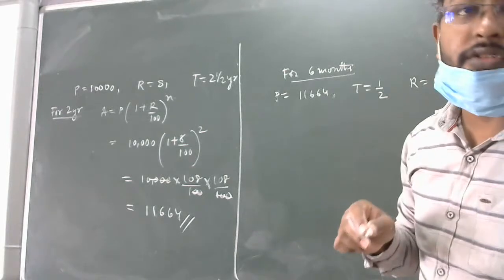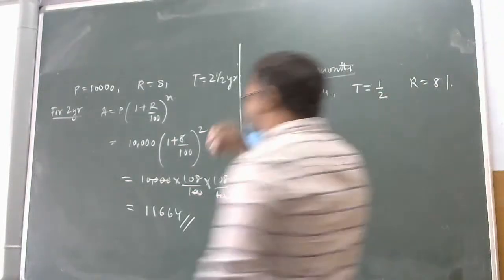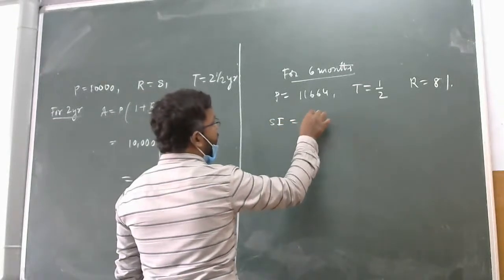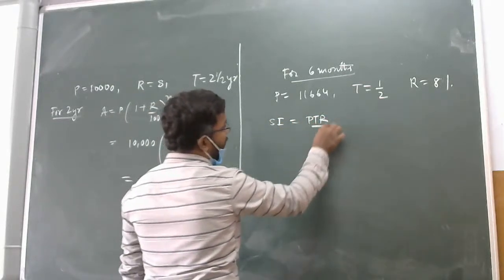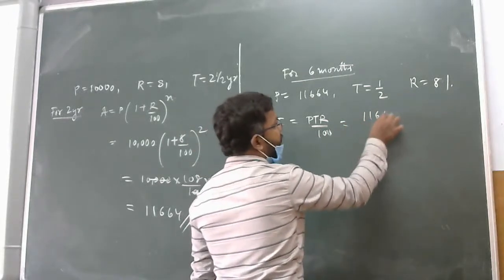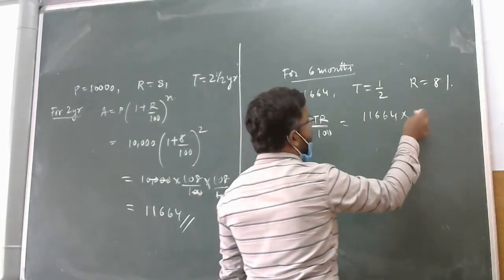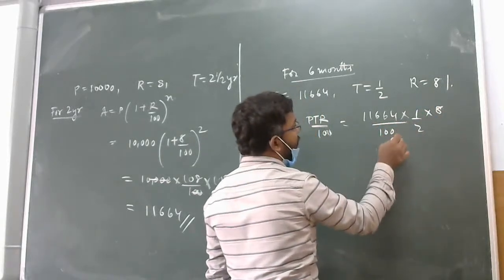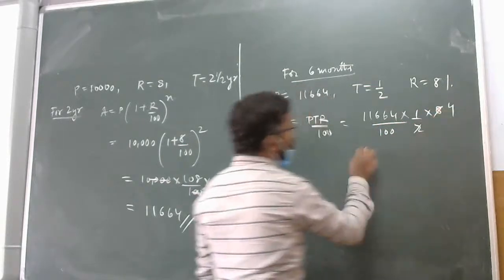So now you have to use the simple interest formula. SI is equal to PTR divided by 100. 11,664 into time, which is 1 by 2, into 8 divided by 100. So it will be 4.